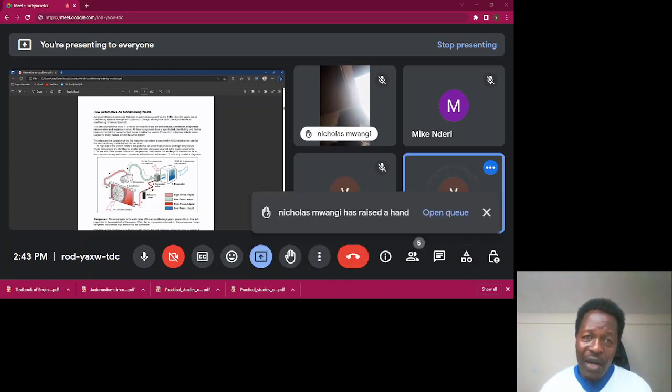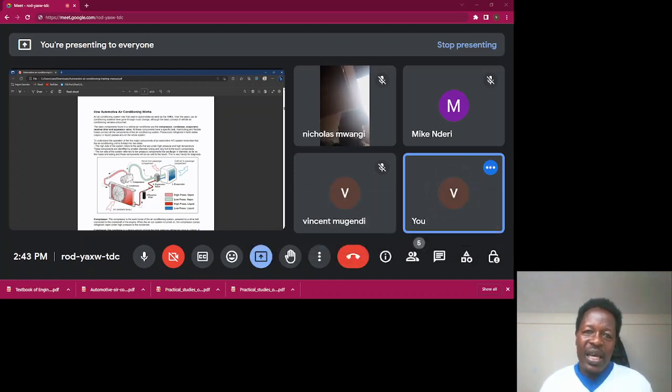So automotive air conditioning is a system that brings comfort for the passengers and even the driver, and it uses an air conditioning heat cycle that has four important components, starting with the compressor. The compressor is driven by the engine.